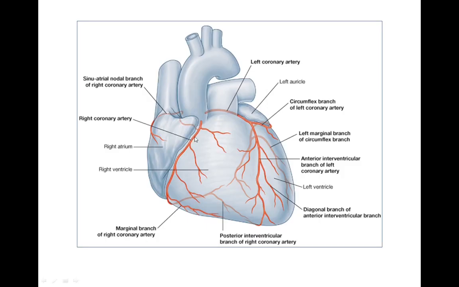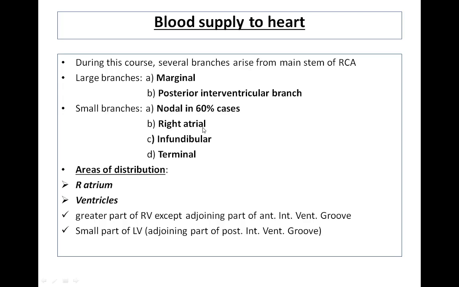Then the right atrial branch. See here, it will give some branches to the right atrium, because it is passing in between the right atrium and right ventricle. So it will have to give branches to the atrium. Then the infundibular branch. Where do you get the infundibulum? That is our outflow part.